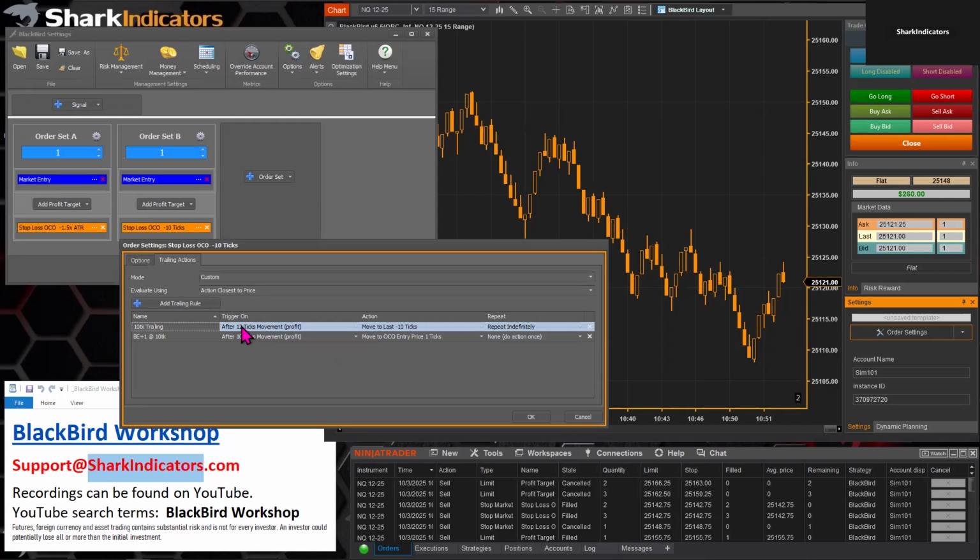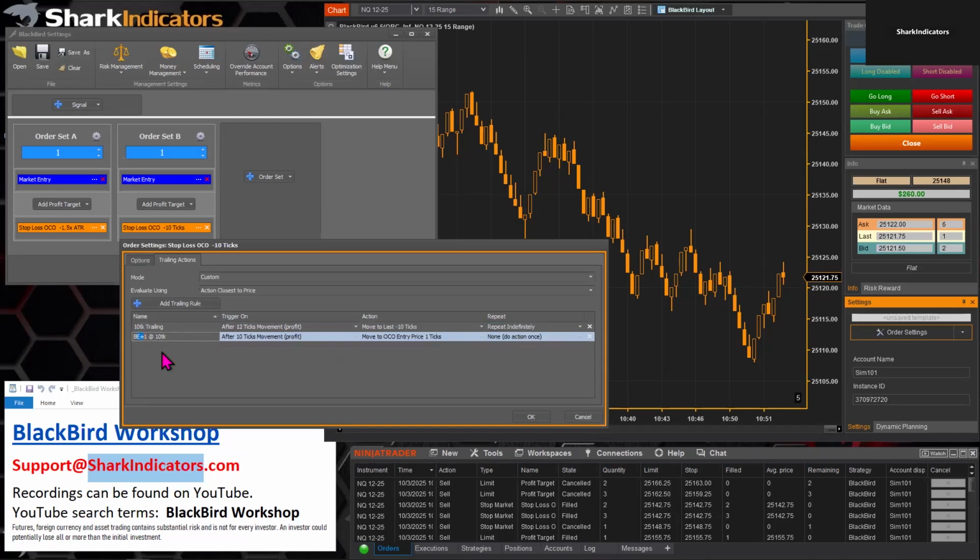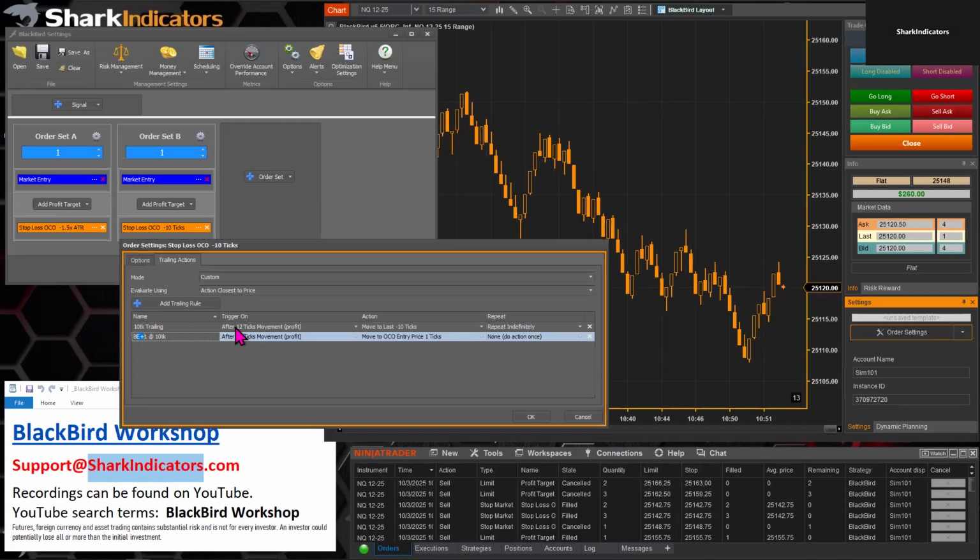But the math was done to make this precisely correct, because it is a break even. Actually, as it says here, it's a break even plus 1. So technically, your trailing really doesn't kick in until you're 2 extra ticks above, so in other words, 12 ticks in profit.